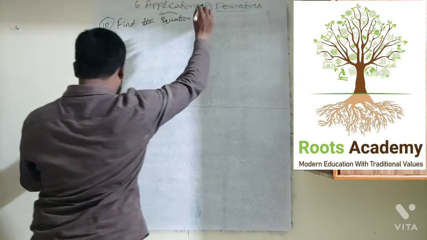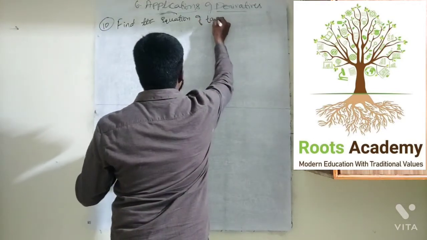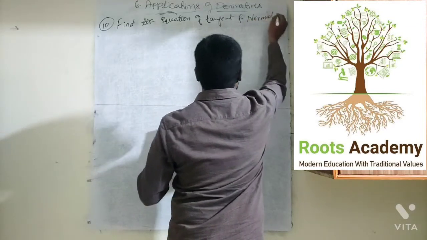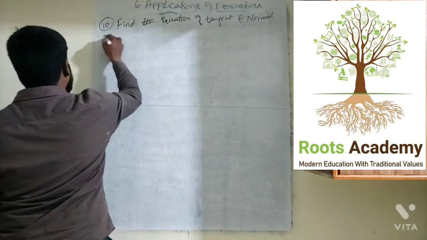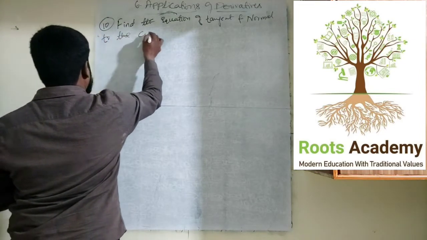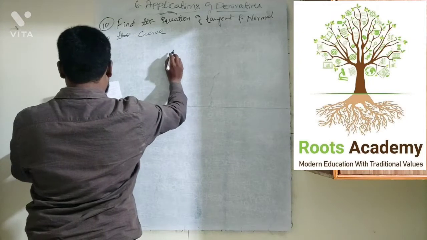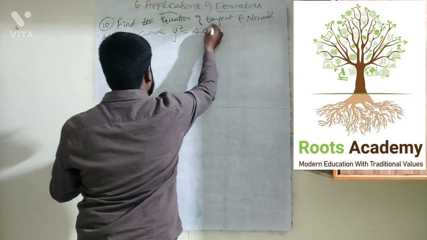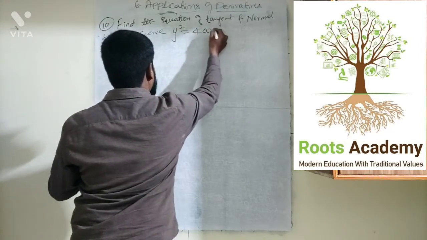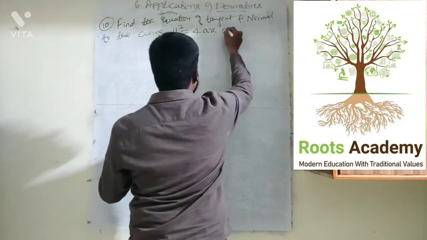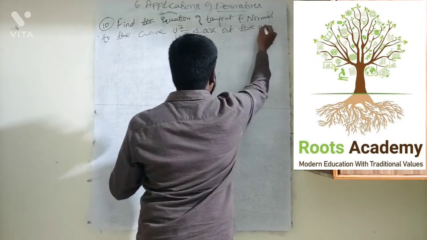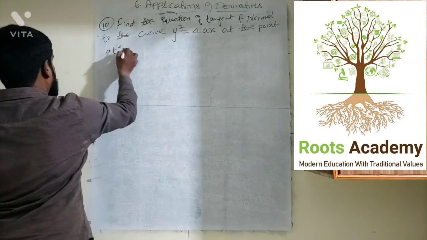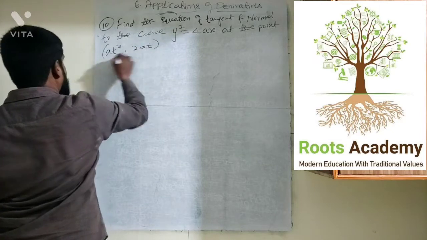Find the equation of tangent and normal to the curve y square is equals to 4ax at the point at square comma 2at.